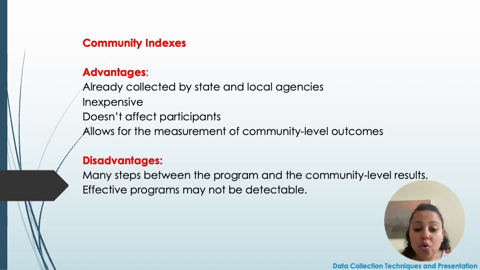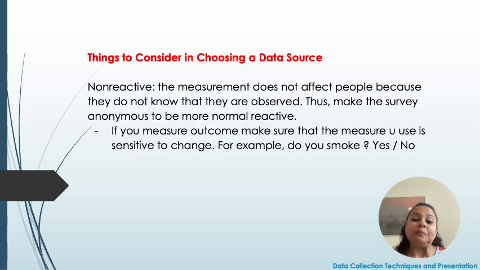It allows for more community-level outcome measures to be used for comparison. But there are many steps between the program and the community-level result, so it may or may not help us to understand, because maybe this data is outdated or something like this. Okay, when you are choosing a source of data collection, you have to take some other things into consideration.